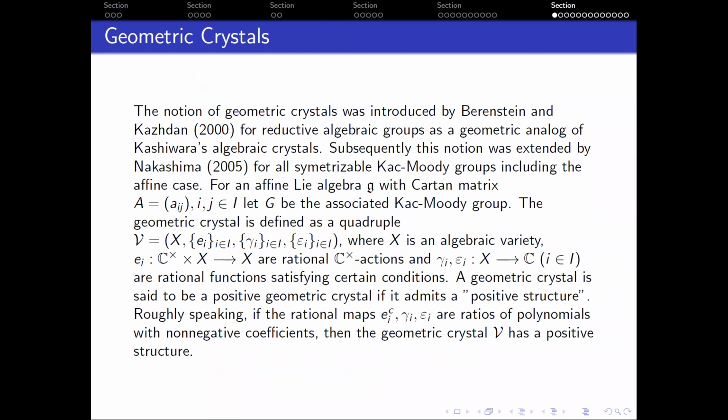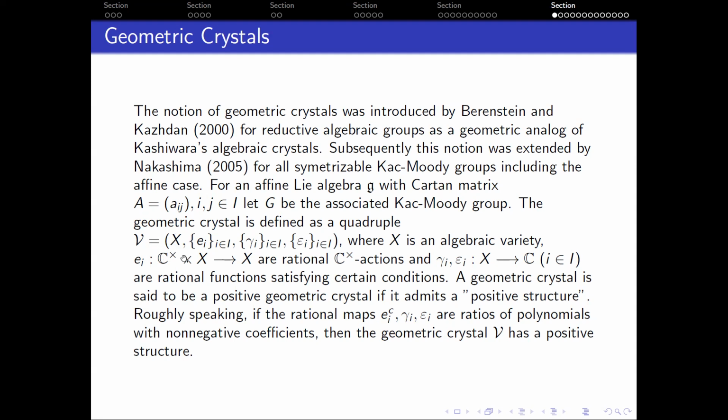So let me just say a few words. The geometric crystal was introduced by Berenstein and Kazhdan for reductive algebraic groups, and Nakashima extended it to any Kac-Moody group, including the affine case. And in general, the geometric crystal, of course, the geometric object, is a quadruple.